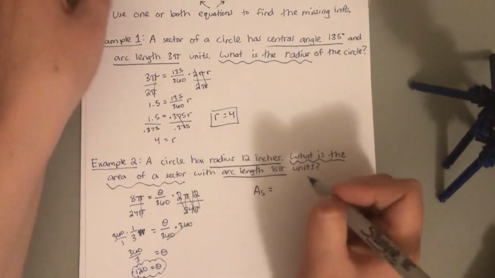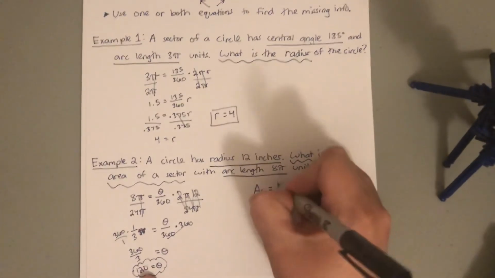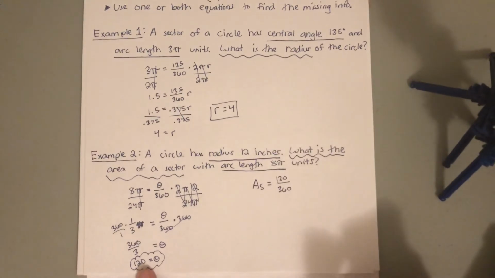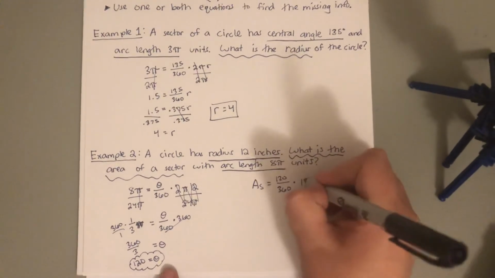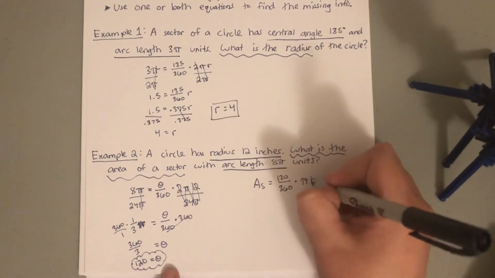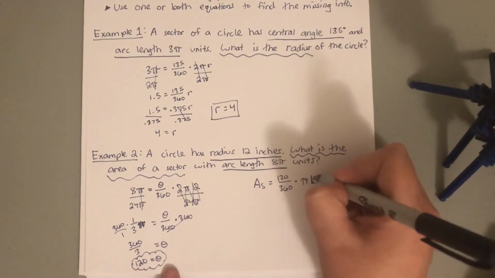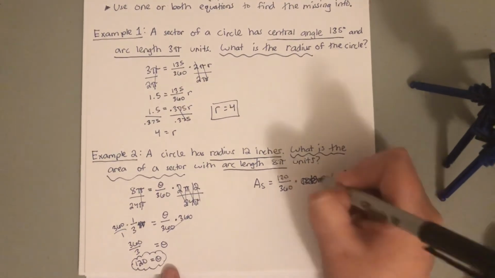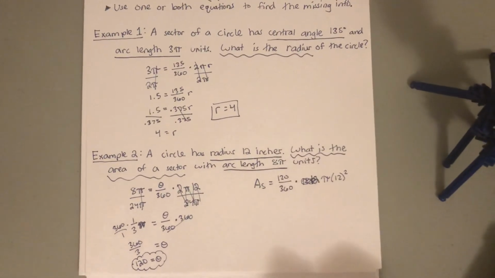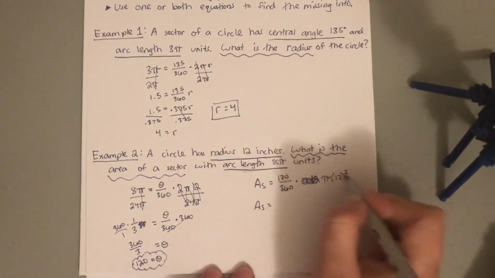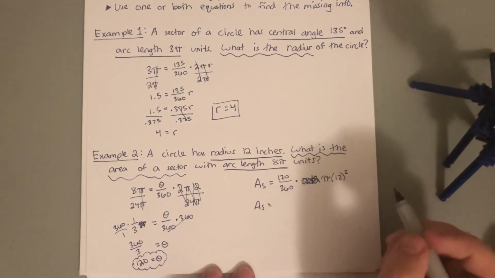The area of the sector equals the central angle, which we said was 120 over 360, times pi r, we know r, that's 12, so pi times 12 squared. So the area of the sector, now we're just going to simplify this and see what we end up with.